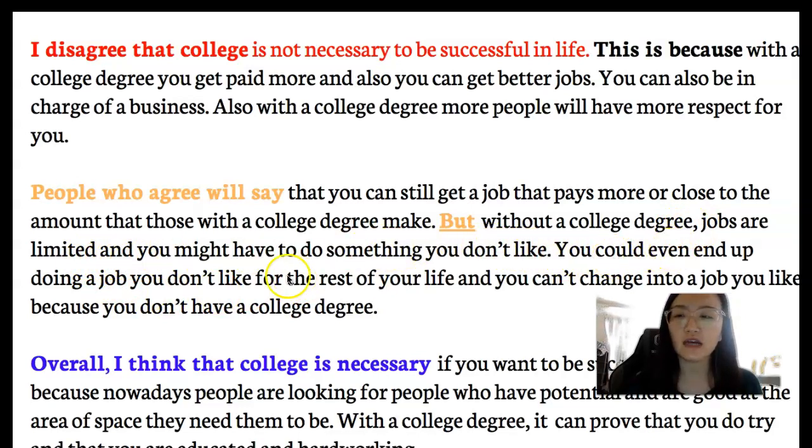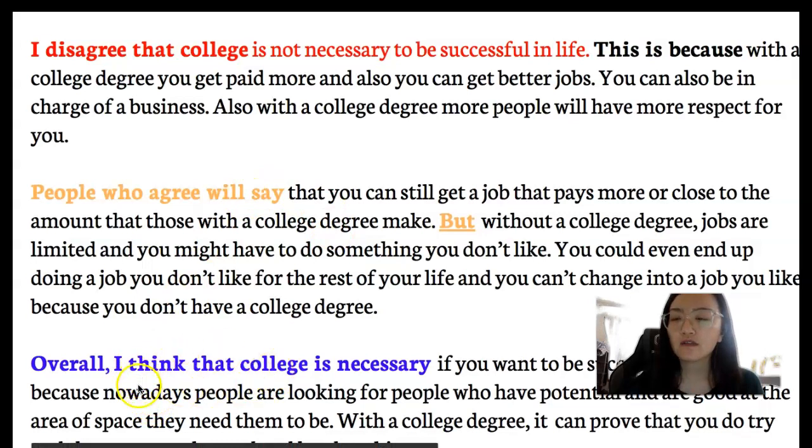You could even end up doing a job you don't like for the rest of your life, and you can't change it to a job you like because you don't have the college degree for it. So they are saying, yeah, maybe you could get a job, but most likely you may end up having to do a job you don't like for the rest of your life. So this is their counter argument.